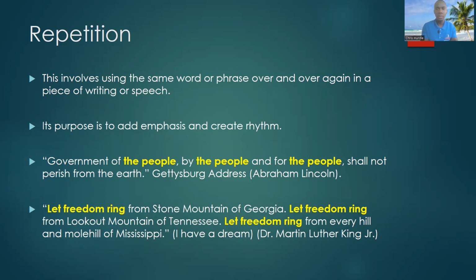So whatever governmental system he is talking about, the people are the focus, right? Yeah, the people are the focus of this governmental system. Hence, he says, of the people, by the people, and for the people. This government is about the people, right? So this is why he repeats that, to let people know that the people are the focus, okay?